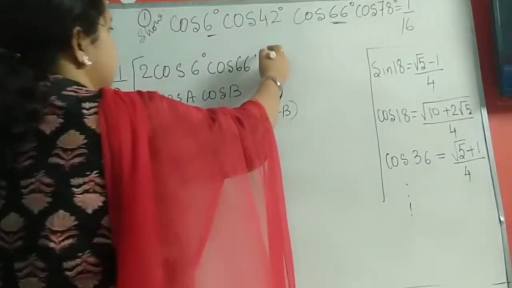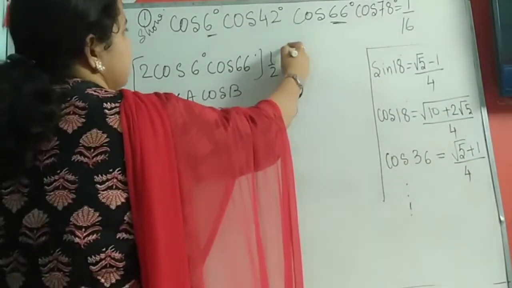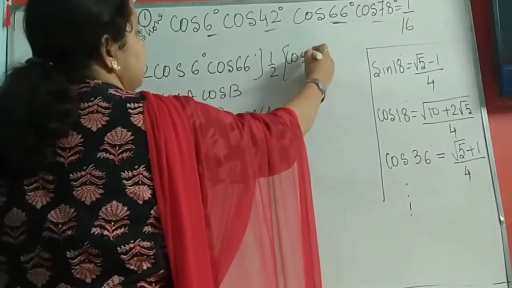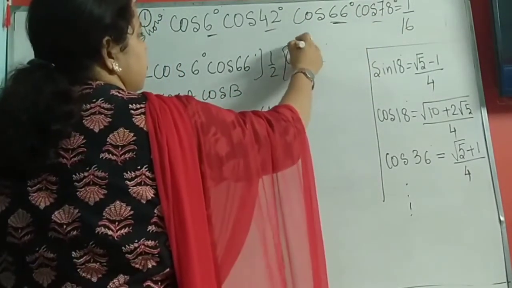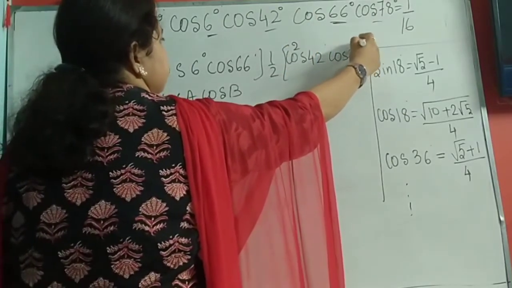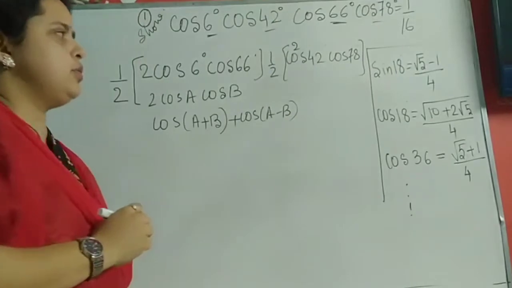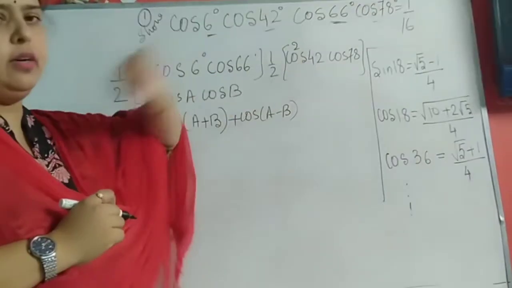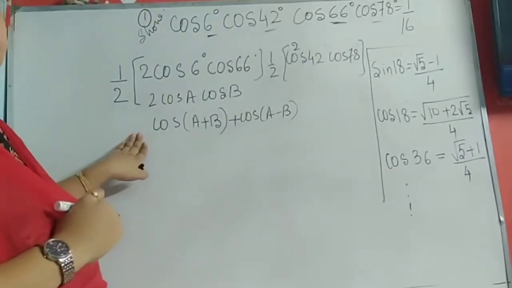Now this is one, and another, the left out parts, that is cos 42, 2 multiplied here, cos 78. See students, is it clear or not? Half for this one, half for this one, because the formula is like this.